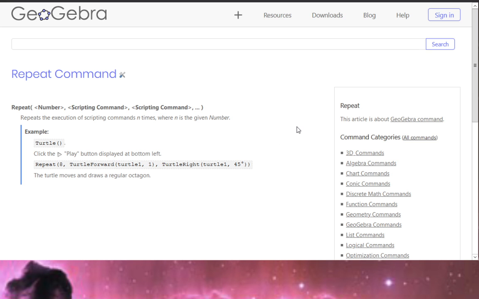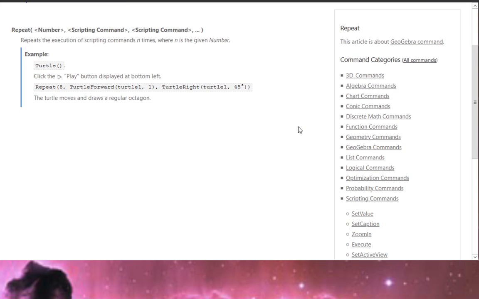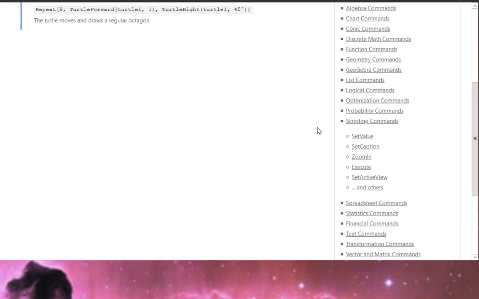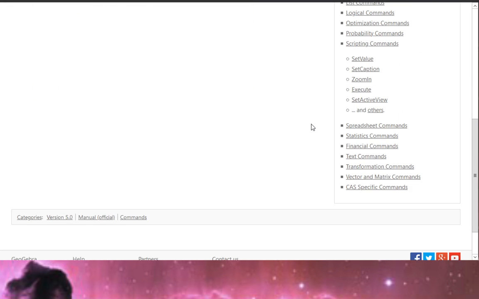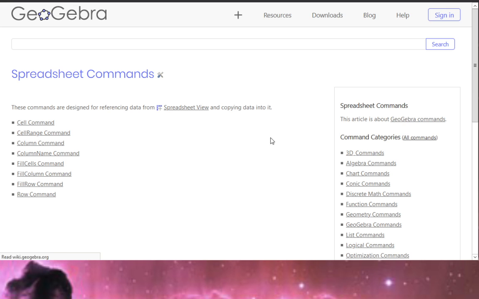Turtle forward. Function commands. Scripting commands. Spreadsheet commands. Cell command.